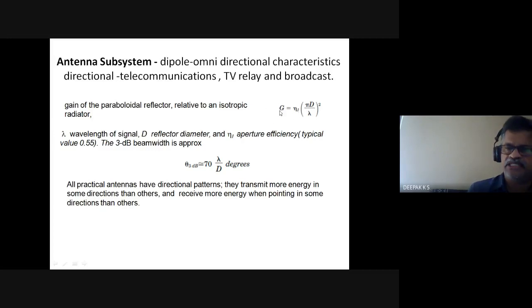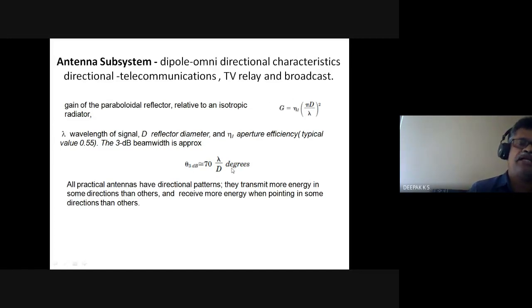That is the gain with respect to an isotropic antenna. And the 3 dB beam width is given by this expression. So here you see lambda by D is a factor which determines the 3 dB beam width as well as the gain.